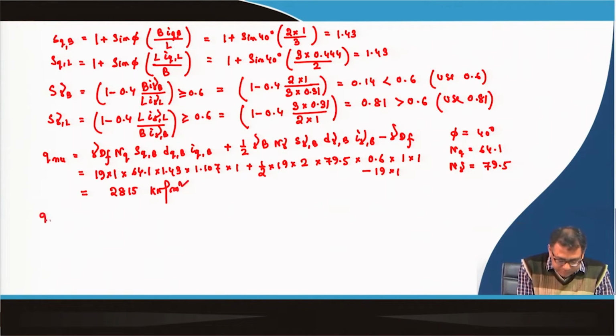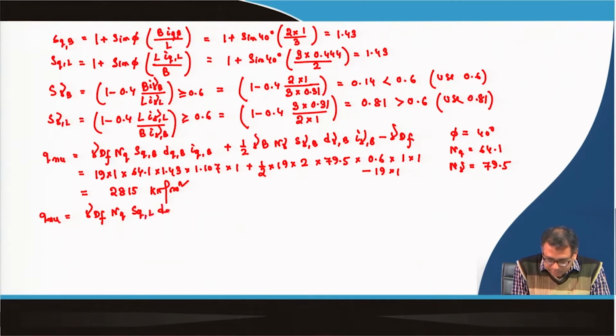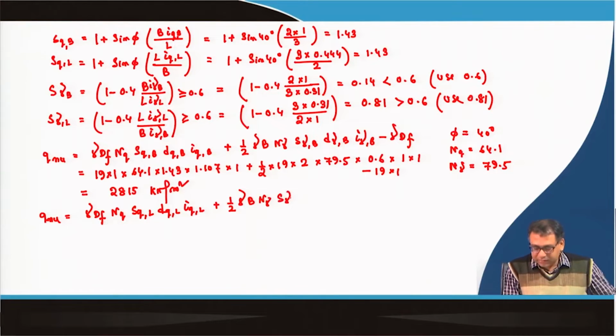Now we will go for the next set of equation, where we have to replace B by L. So this will be gamma Df N_q S_qL D_qL I_qL plus half gamma L N gamma, sorry, this will be gamma L, then S gamma L, d gamma L and I gamma L minus gamma Df.